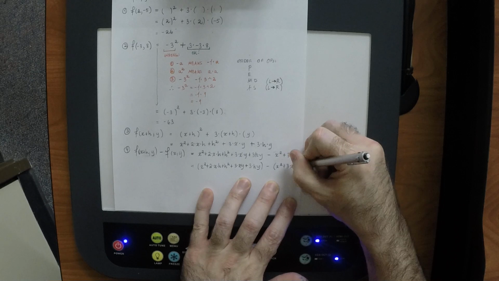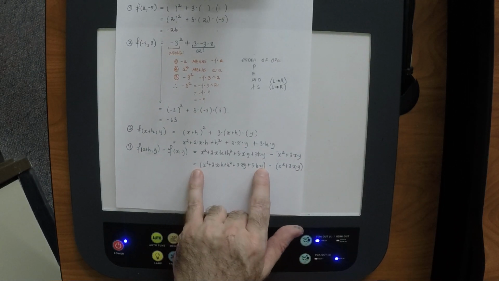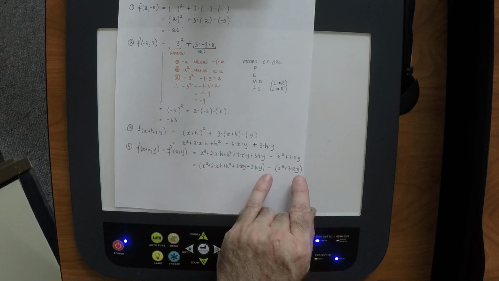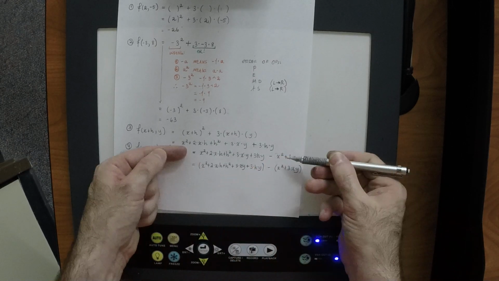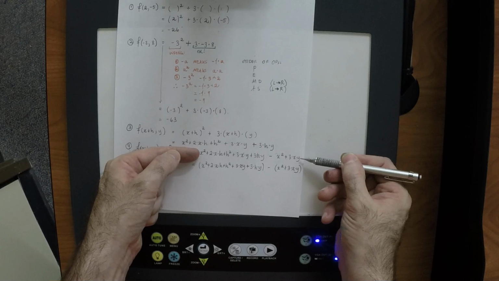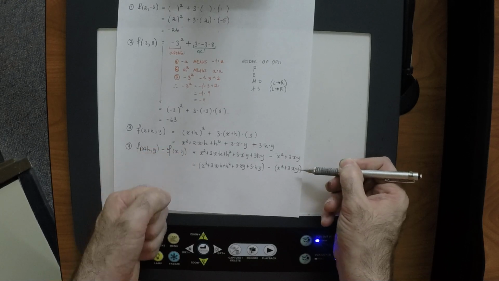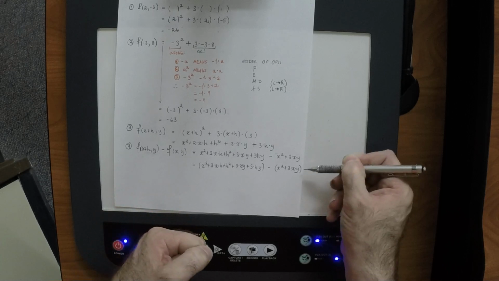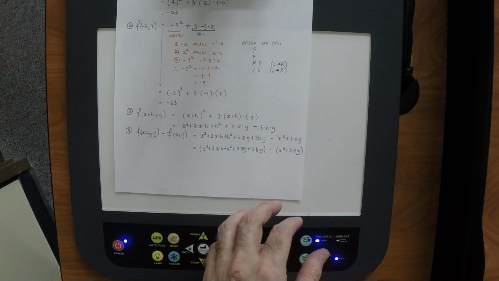Notice the difference is that these parentheses didn't affect it, but these ones do change it, because on this first, incorrect line we're adding 3xy, but on this one we're subtracting it, and this is the correct one.